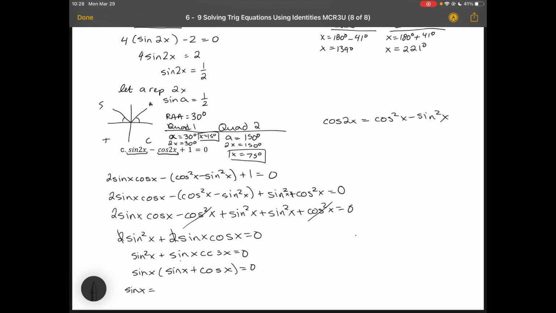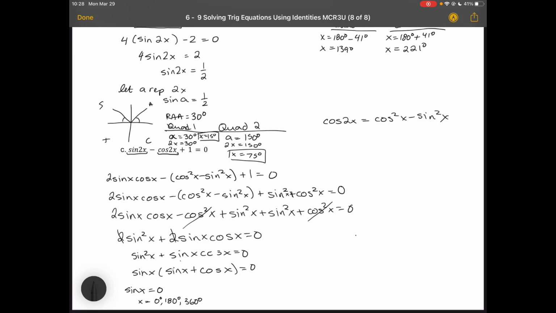So I've got two equations that I'm solving. The first one is sine x equals 0. I know that happens at 3 times between 0 and 360. So 0, 180, and 360, or 0, pi, and 2 pi if you're using radians. And then my next one is going to be a little bit trickier to solve.